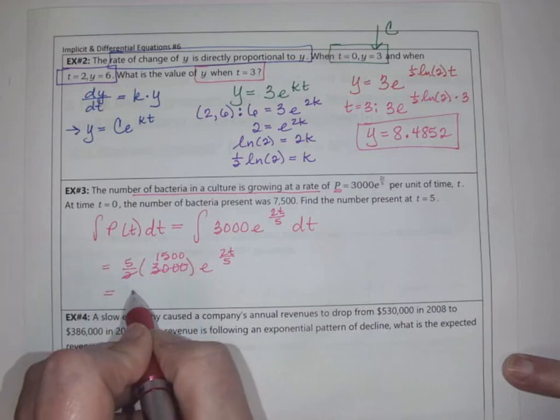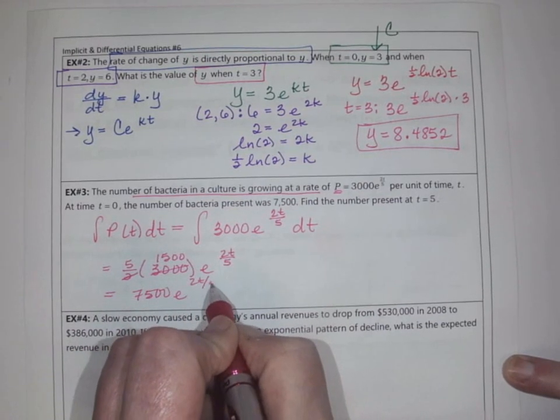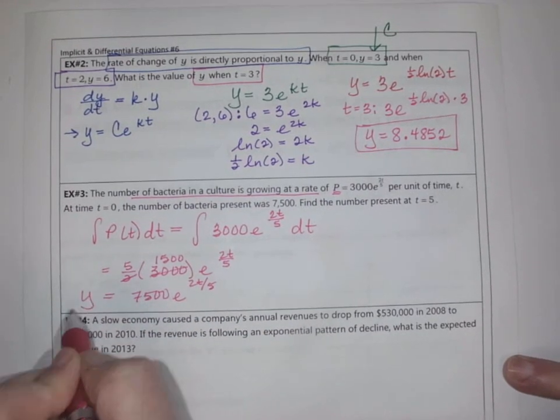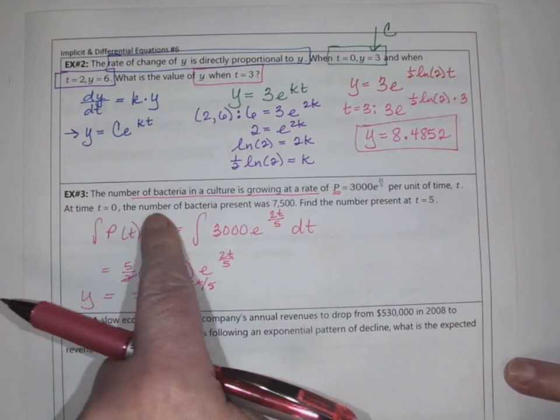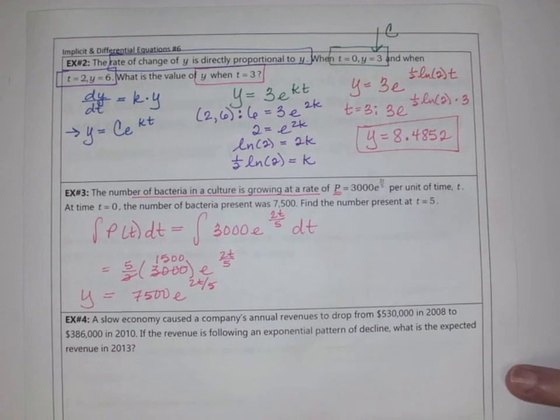5 times 1,500 would be 7,500 e to the 2t over 5. So that would be our equation, which matches at t equals 0, the number of bacteria present was 7,500. Find the number present at t equals 5.